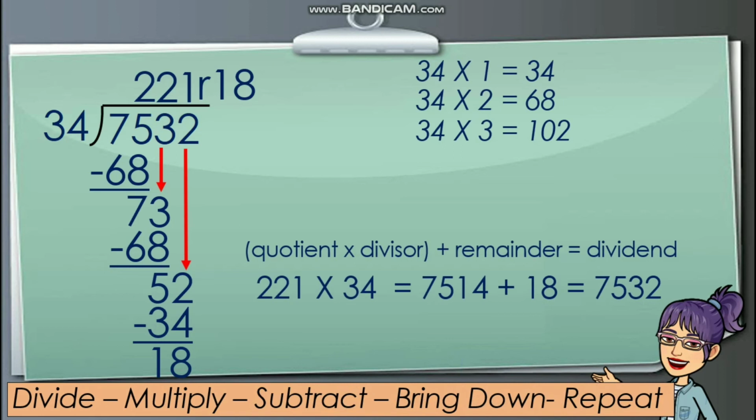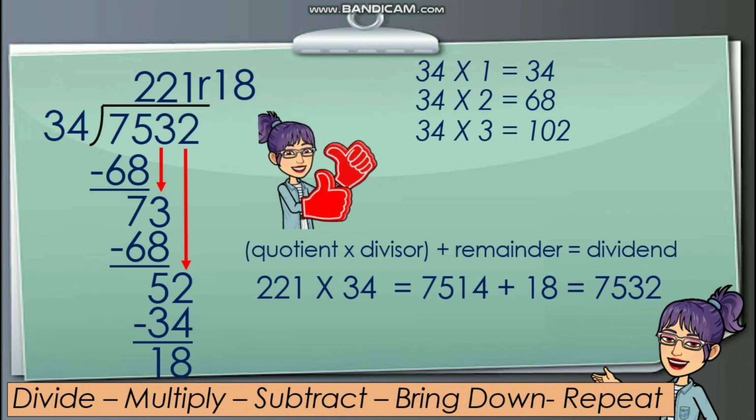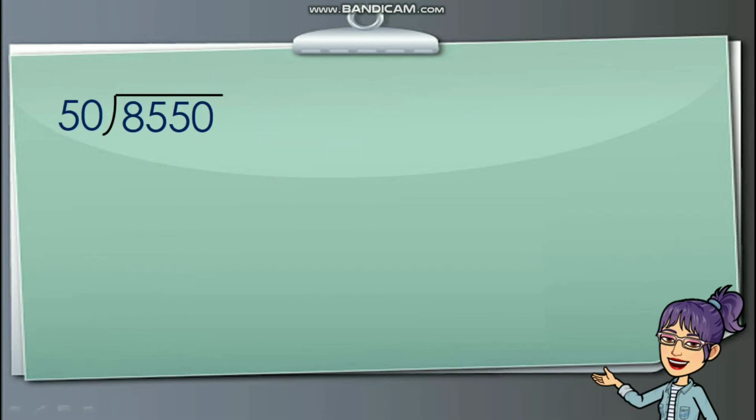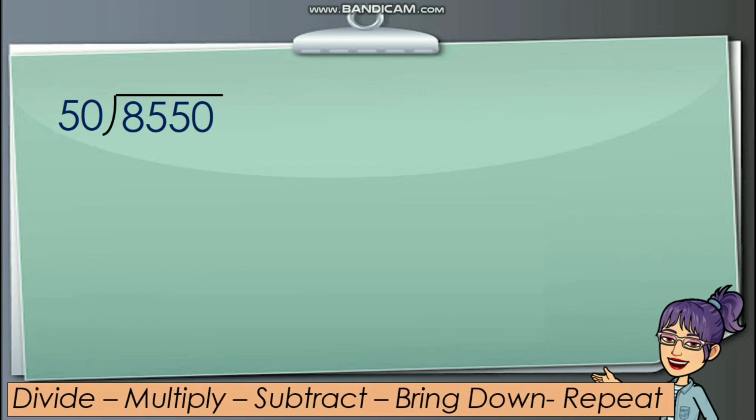Let's have the last example. 8,550 divided by 50. So we will follow again the DMSB: divide, multiply, subtract, and bring down. Then repeat the process. So take the first 2 digits of the dividend, since we have 2 digits in the divisor. But if the first 2 digits in the dividend cannot be divided by the divisor, then you will just include the next digit.